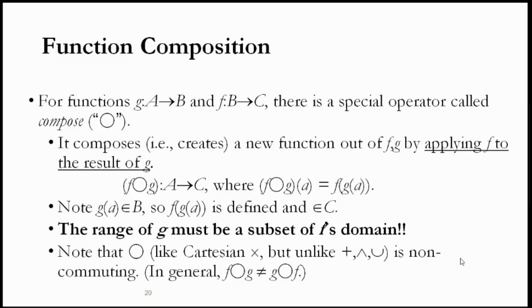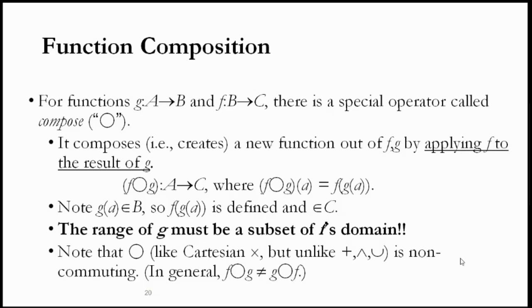So f composition g is A to C, where f composition g of a is equal to f of g of a. Note that g of a belongs to B, so f of g of a is defined and also belongs to C. The range of g must be a subset of f's domain.